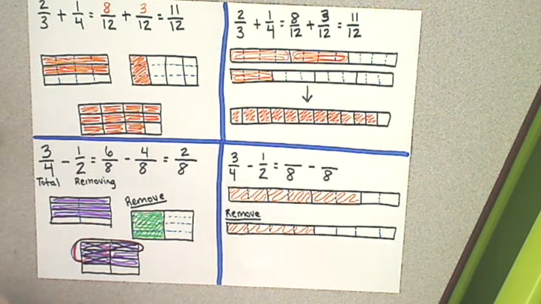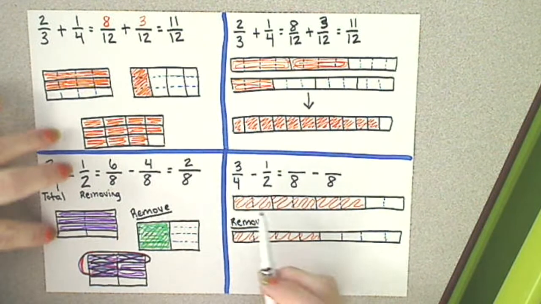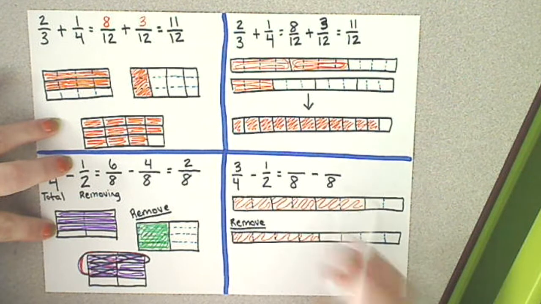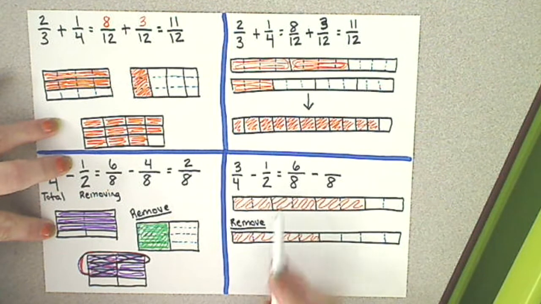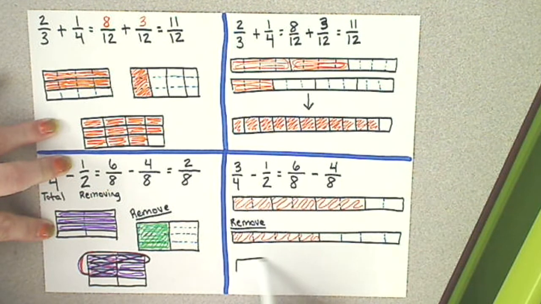All right, now that I have actual equivalent denominators, I know that 3/4 is equal to 1, 2, 3, 4, 5, 6 eighths, and my 1/2 is equivalent to 1, 2, 3, 4 eighths. And now we can do the actual computation.